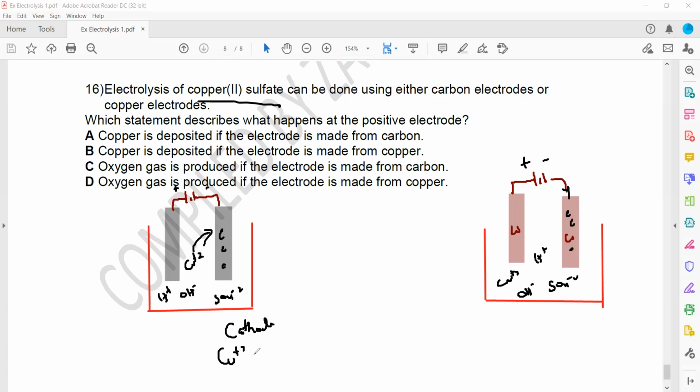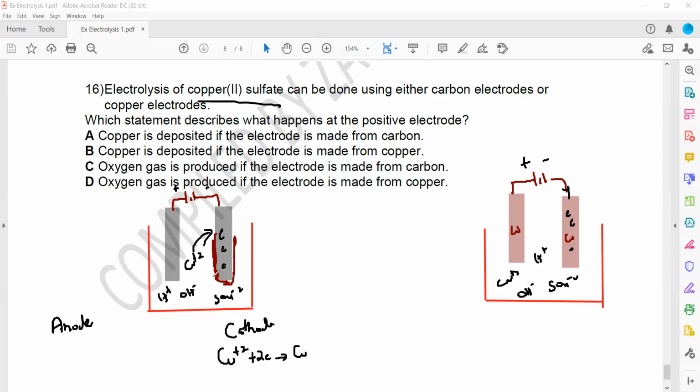They will take two electrons and turn into a copper atom. When it turns into a copper atom, it will form a brown solid that will stick to the cathode.